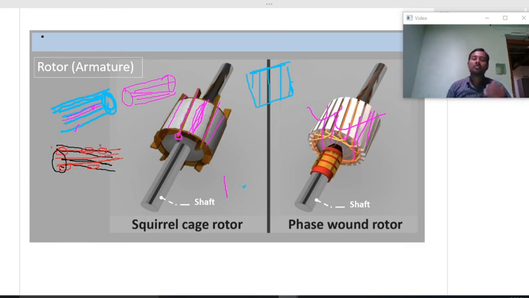So if the copper bars are skewed with a certain angle, the flux links with both copper bars and the laminated core. If the flux links with copper bars and laminated cores continuously, the torque movement will be similar and also smooth.